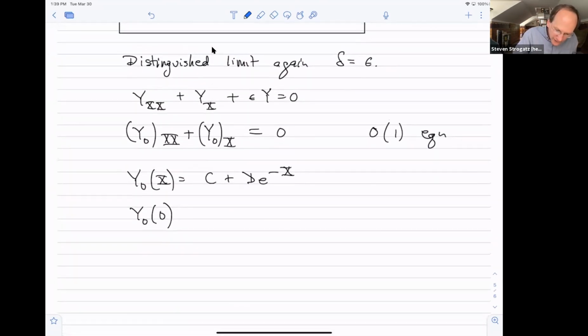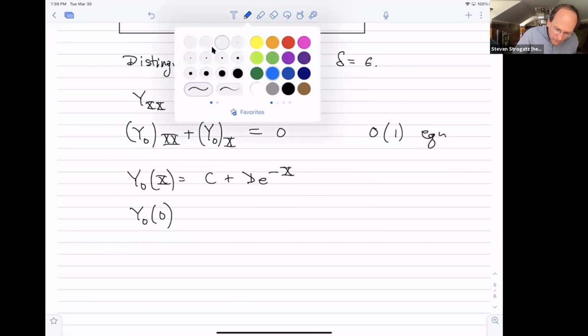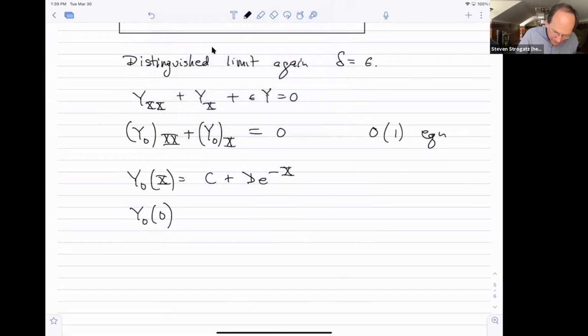And so we're getting that this equals C plus D. But y sub 0 of 0 was supposed to be equal to 1. That was my boundary condition. That little x equals 1, right? It was y of 1 equals 1.